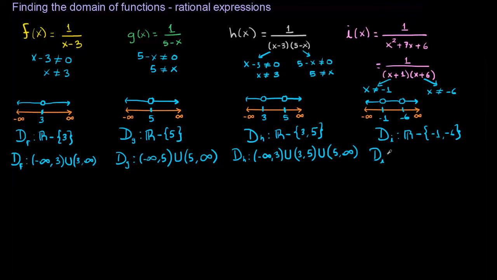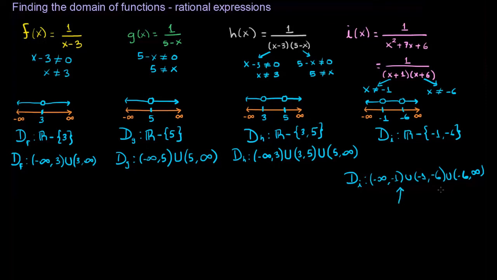I'm actually going to write it below because it won't fit. So the domain of i is from negative infinity to -1, then union, -1 to -6, union, -6 to positive infinity. You see it's a bit longer than the previous one.